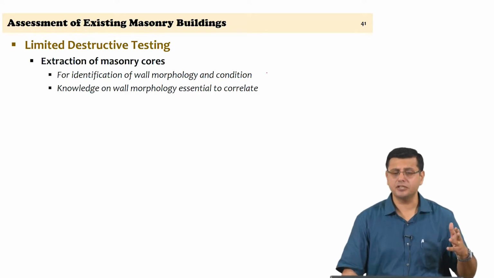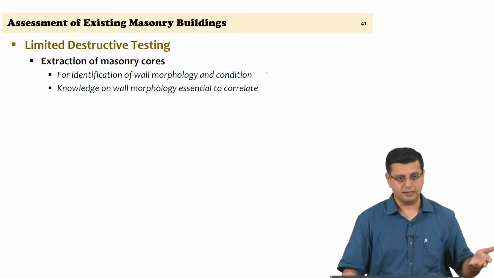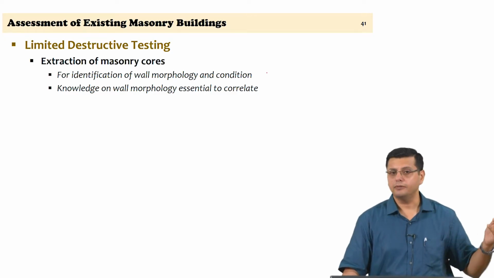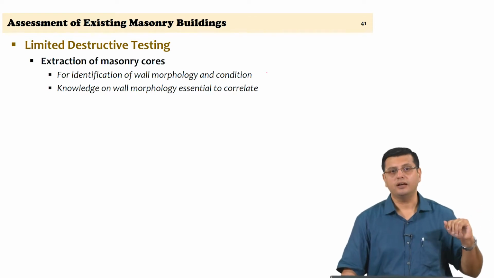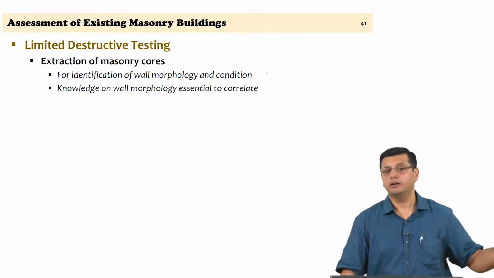Now, why is it essential to understand the wall morphology? Most often walls are plastered. You have no idea of the type of unit, size of unit, quality of unit, what is the type of mortar, and what is the condition of the mortar sitting within the wall cross section. An extracted core can help you establish, one, what is the wall morphology? Is it brick masonry with lime mortar?